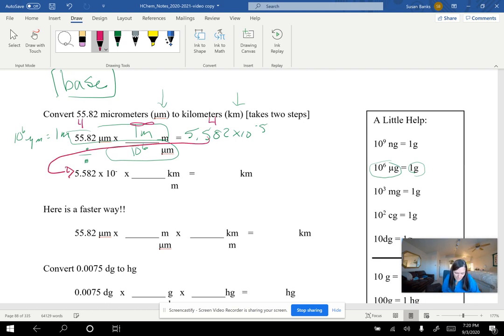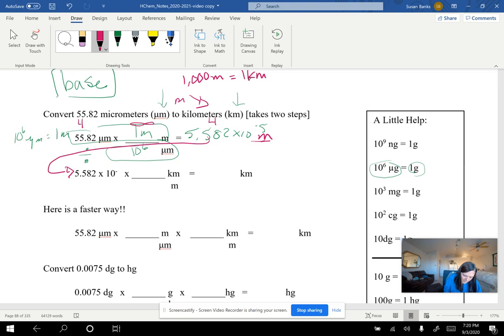To do the next step, I need to go from meters now to kilometers. So the relationship is I've got 1,000 meters in 1 kilometer. So that's the relationship I'm going to use in my next step. Now, I have meters here. Oops, I should put a unit here.